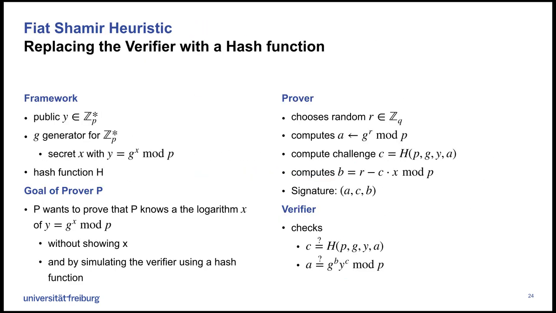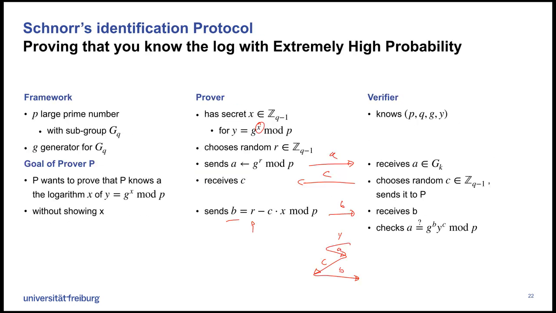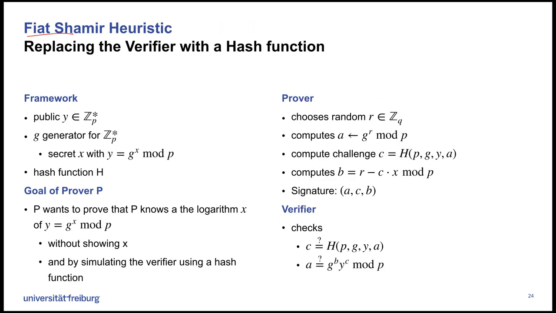Okay, now the next trick, which we don't talk about in detail, is the Fiat-Shamir heuristic, that we can replace this interactive part C with a hash function. In the last exercise, we have seen that this is tricky and you can make mistakes, and you should be sure that you have enough choices, but this makes the interactive zero-knowledge proof into a non-interactive zero-knowledge proof.